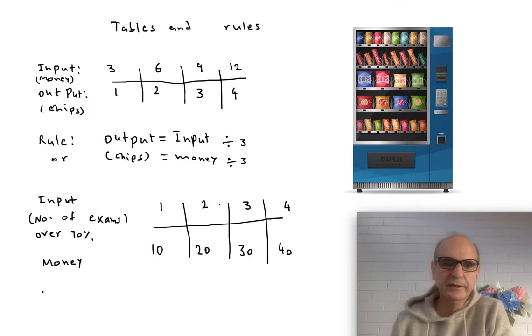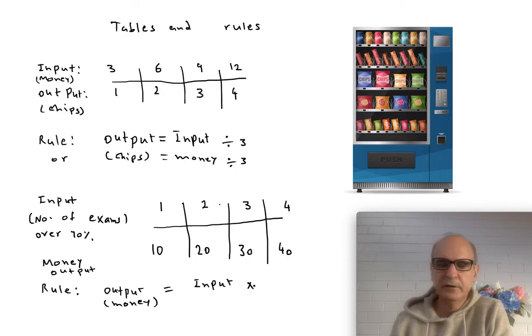So the rule here is: output, which is money as prize, is equal to input, which is the number of exams, times 10.